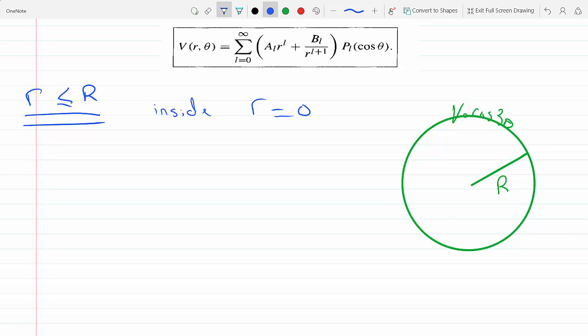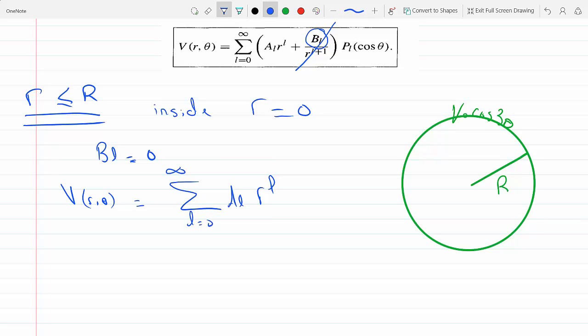So for this not to happen, we have to set BL equals 0, because that takes care of this term. So inside the sphere, V(r, theta) equals the summation from L equals 0 to infinity of AL r^L PL cosine theta, which are the Legendre polynomials.